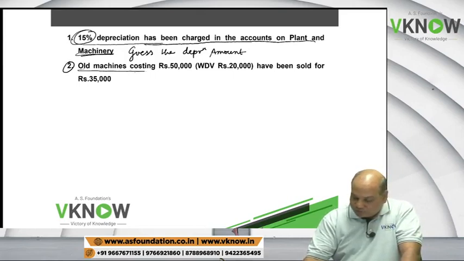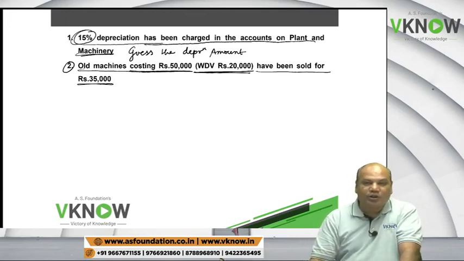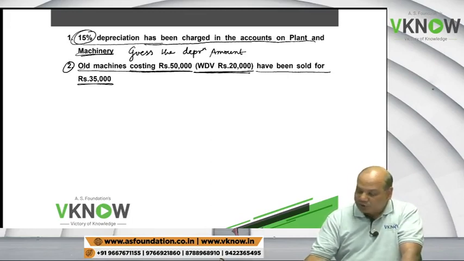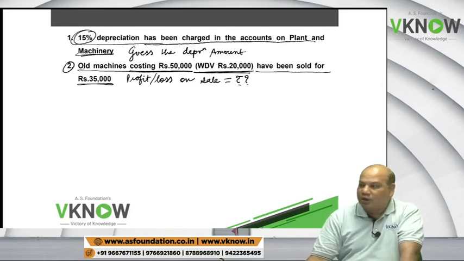Old machine costing 50,000, WDV 20,000 has been sold for rupees 35,000. What is the profit or loss on sale? Please reply a little fast.